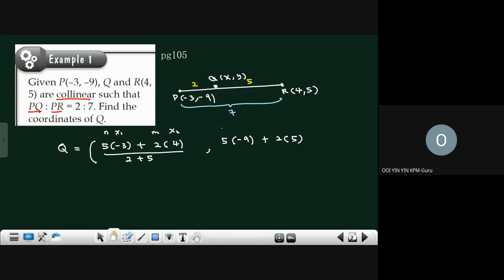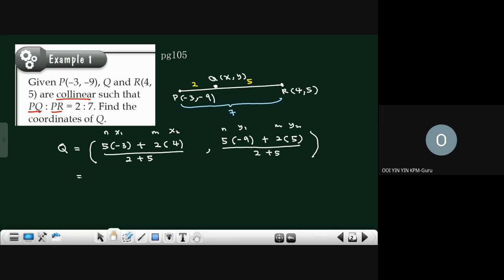So this is your n y1 plus m y2. This one you no need to write, I just want you to have a clearer image of what you are replacing in. And then here will be the same as here, 2 plus 5. And then close your bracket, don't forget.